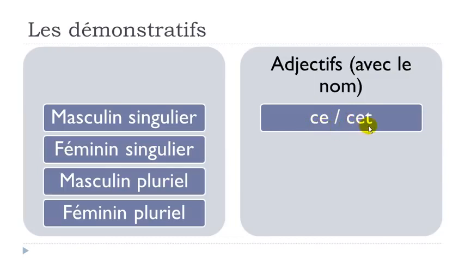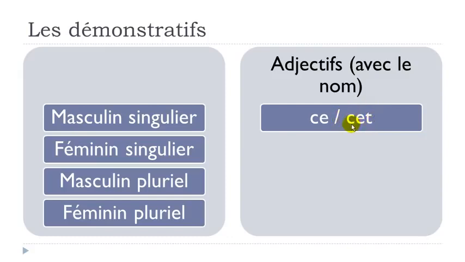You will have to use this second option when you have a noun after that starts with a vowel, or with h plus a vowel. Remember, this letter h in French is not really pronounced. So it indicates that when you get a word starting with the sound of a vowel, you will have to use this cet adjective.